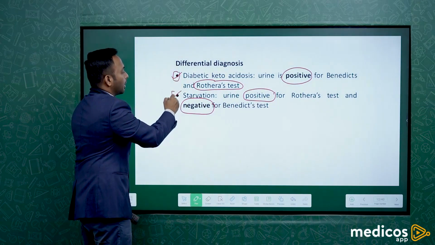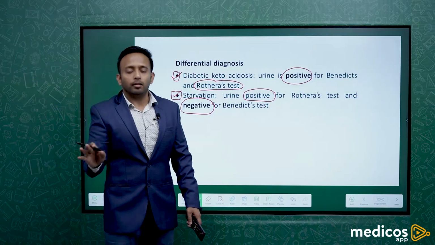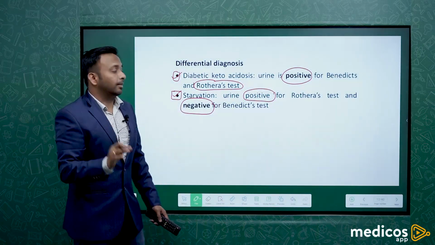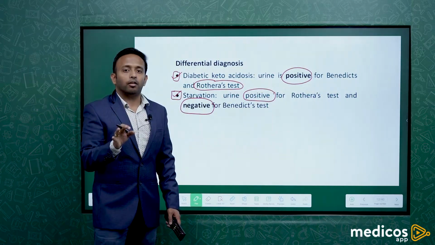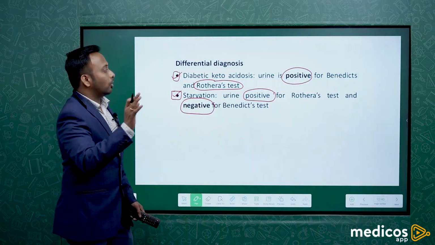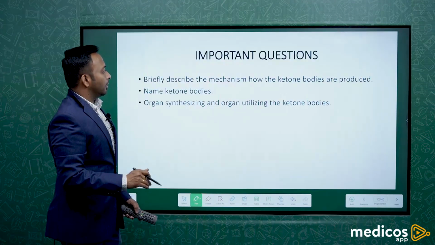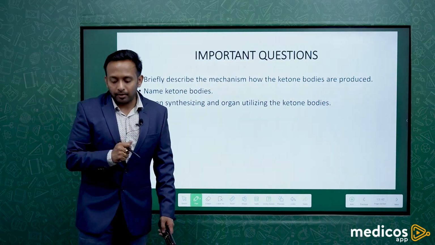When it comes to starvation, the glucose is very low, so it is not excreted in the urine, so the Benedict's test is negative, and Rothera's test is positive for the ketone body. So, this is how you are going to differentiate the cause for the excessive ketone bodies in the blood. Okay.